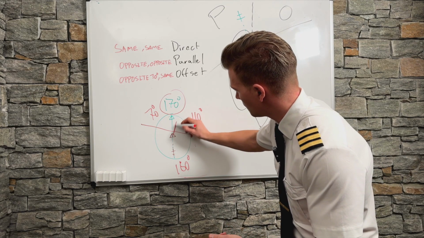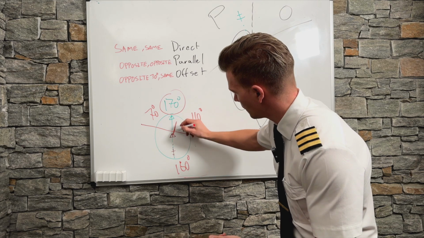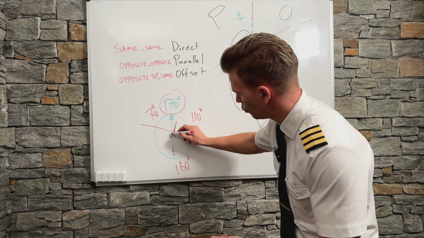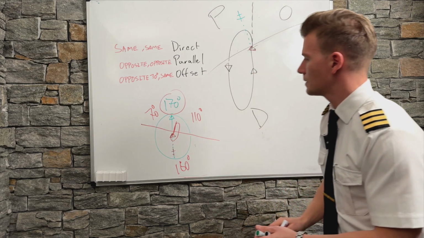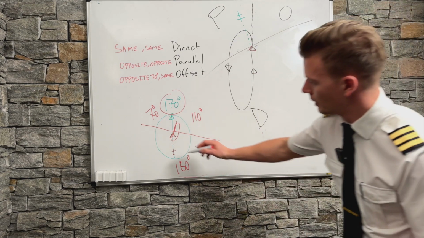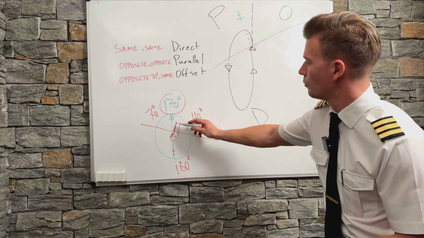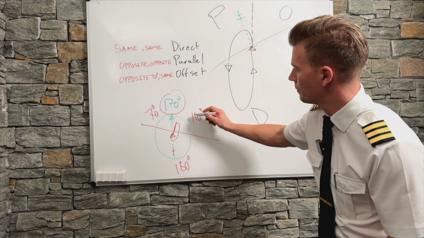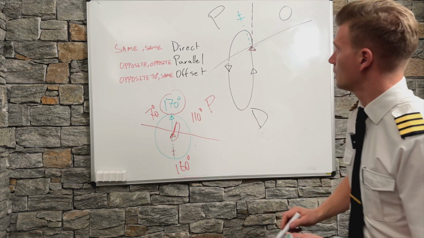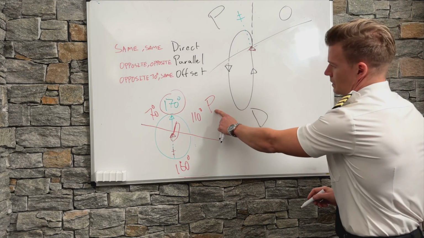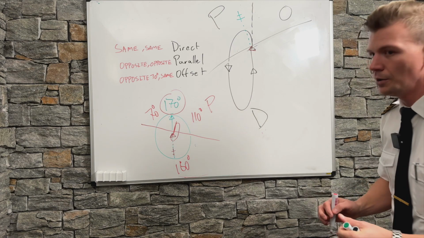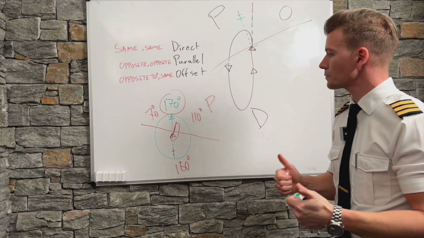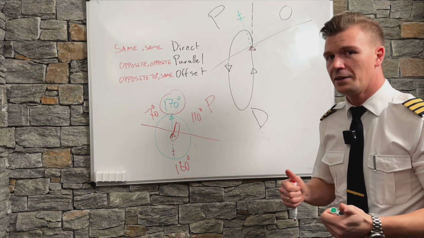And just to make it clear, 180 to the fix, left turn, another left turn. That's the hold. We are flying from here, and you can see it falls within the parallel sector. When the radial is located within the parallel sector, we decide it's going to be a parallel entry.